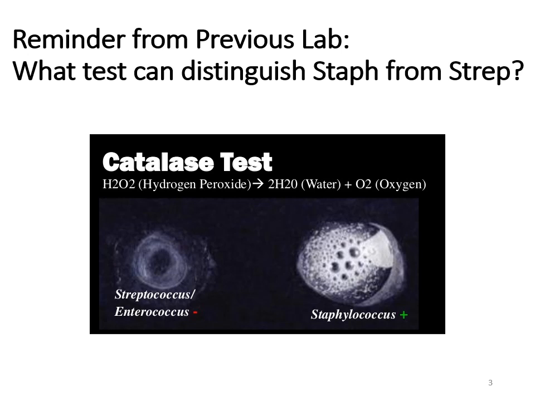You should also be able to explain what the premise is, why you see the bubbling in one of these images, but you do not see it in the other. So the idea, again, with the catalase test is that Staphylococcus is catalase positive. They produce the enzyme catalase, so that when that bacteria encounters hydrogen peroxide, they're able to break it down. One of the products of it being broken down is oxygen.